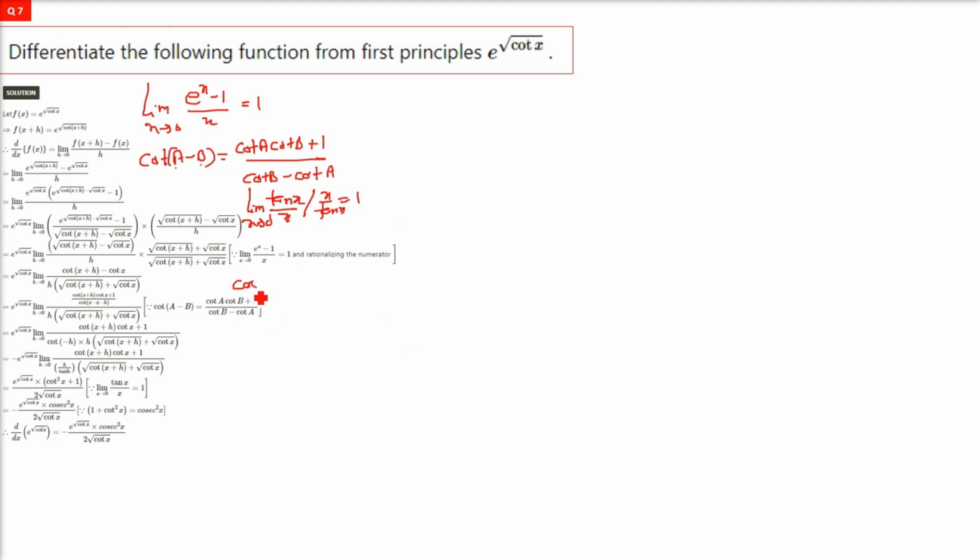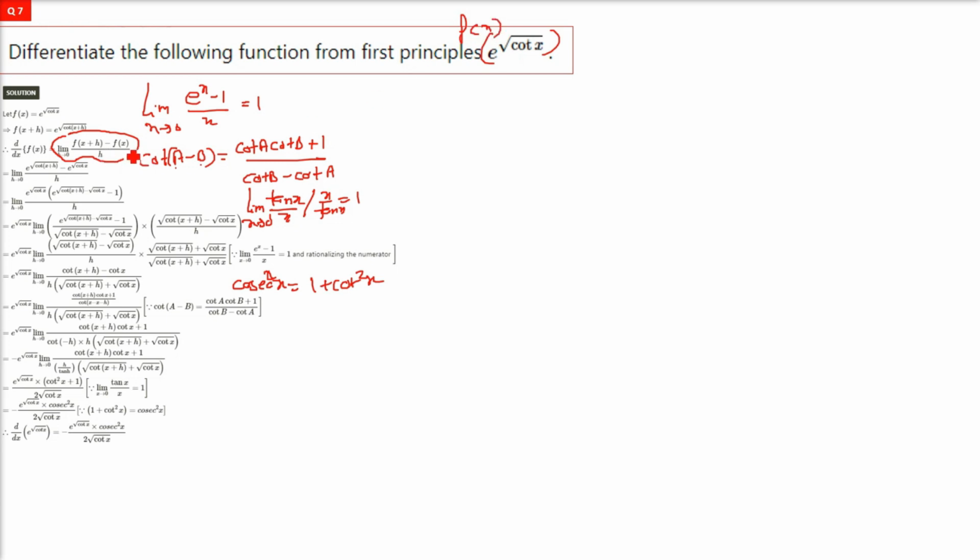There are certain other things like cosec square theta is equal to 1 plus cot square theta. That also we are going to use. This I told you upfront because we will be applying it in the course of solving this question, differentiating using the first principle. f(x plus h) minus f(x) by h, limit h tends to 0. That is how we go forward for the first principle.